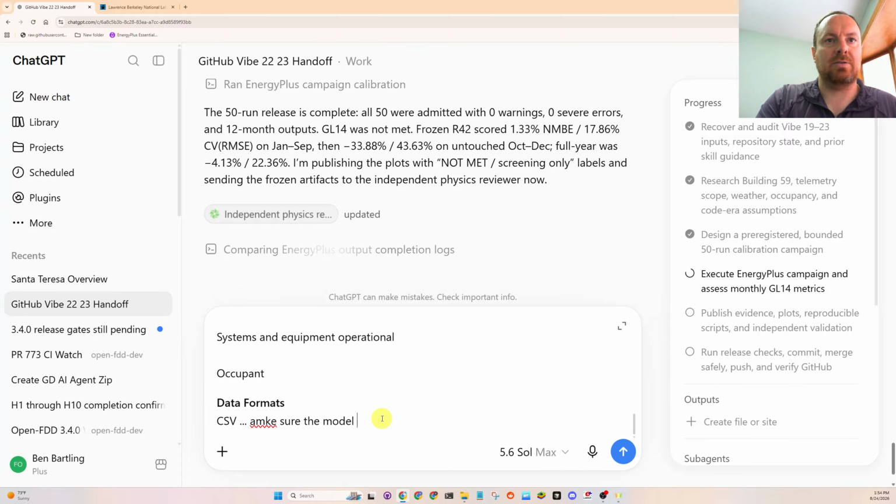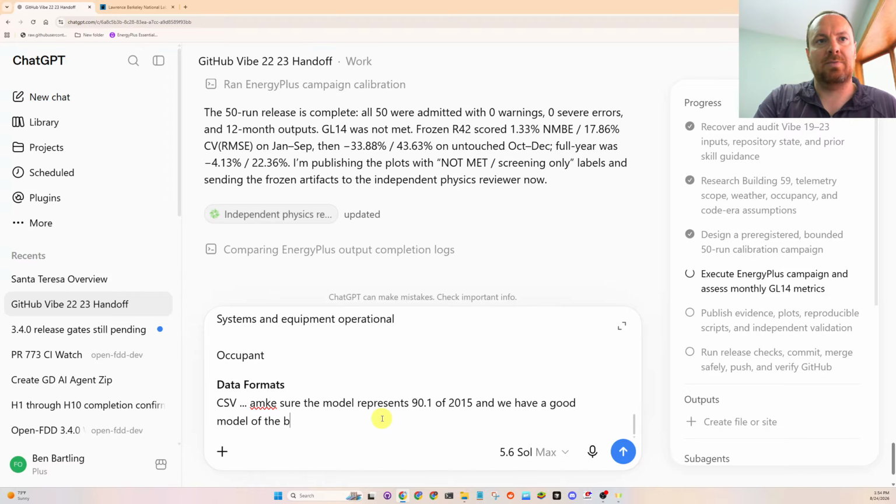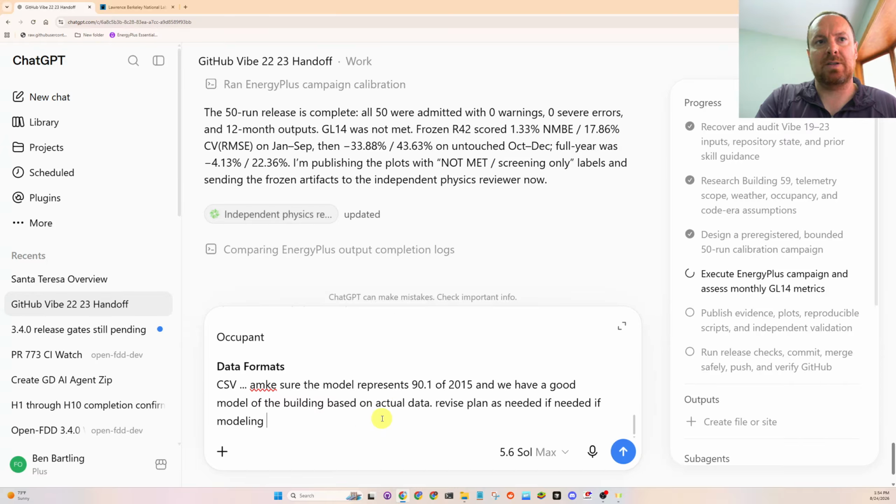Make sure it represents ASHRAE 90.1 energy code requirements of 2015, and a good model of billing based on actual data. Revise the plan as needed, if modeling efforts were far off.